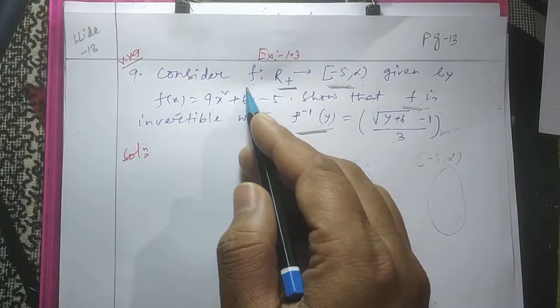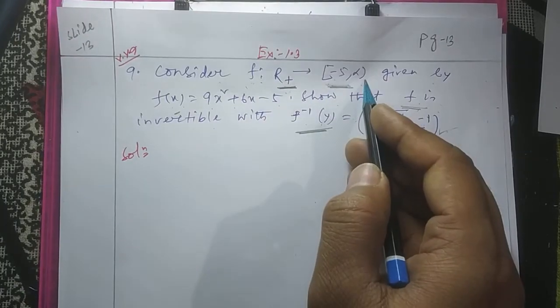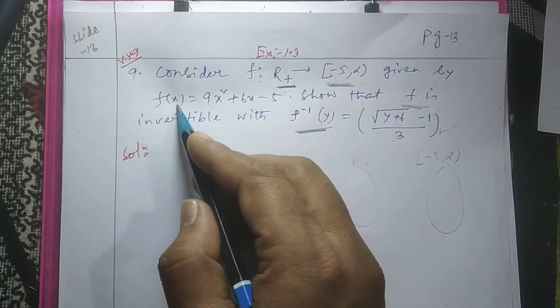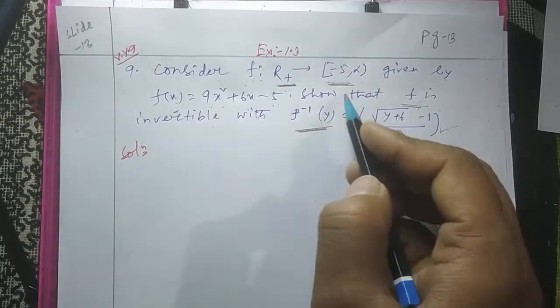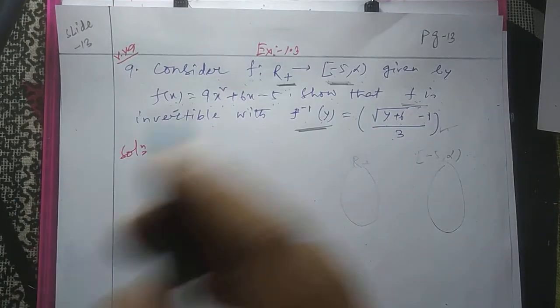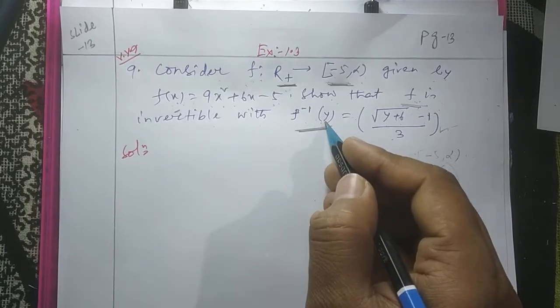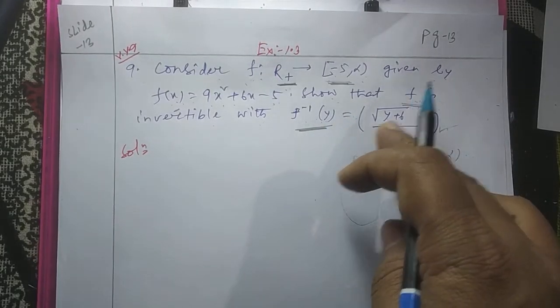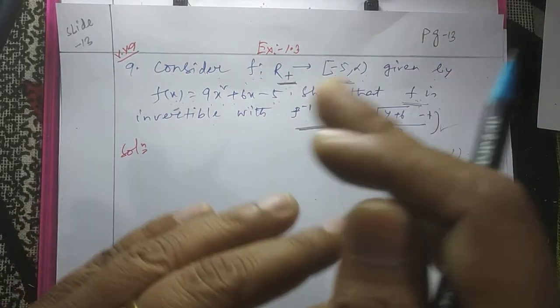Consider a function f from R plus to [minus 5, infinity) given by f(x) equal to 9x square plus 6x minus 5. Show that f is invertible with the inverse f inverse of y equal to root over y plus 6 minus 1 by 3. So what is told here?